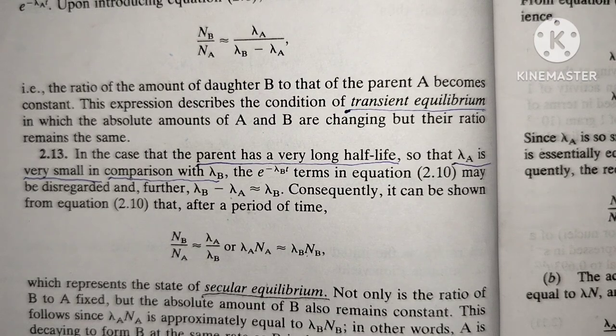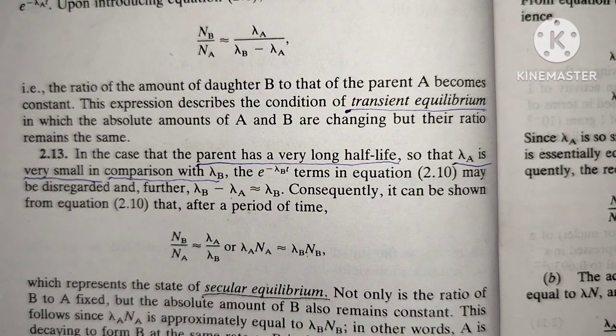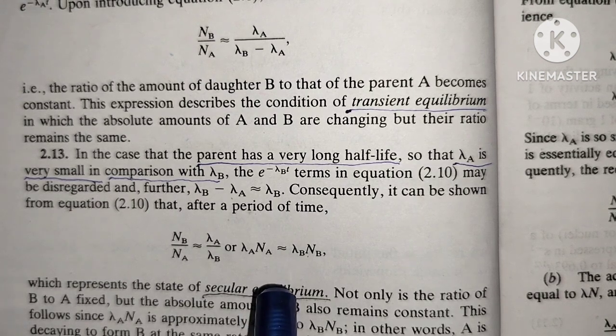What happened? B is also decaying. So however much B is produced, that much decays. So after some time t, the production equals the decay. In that condition you are getting this.